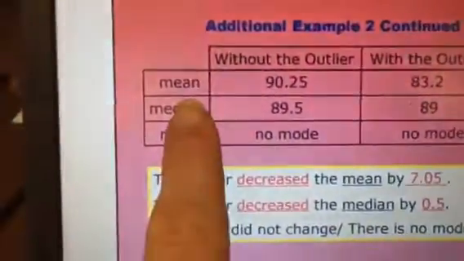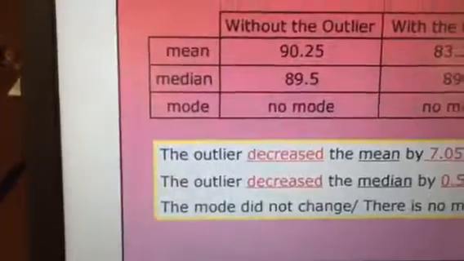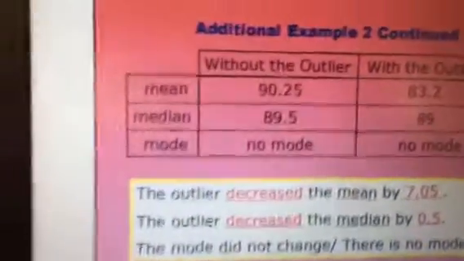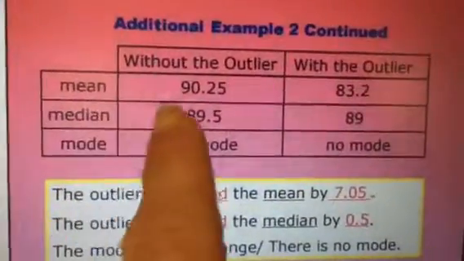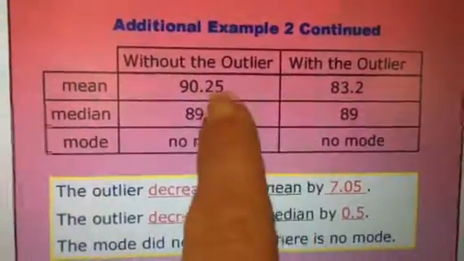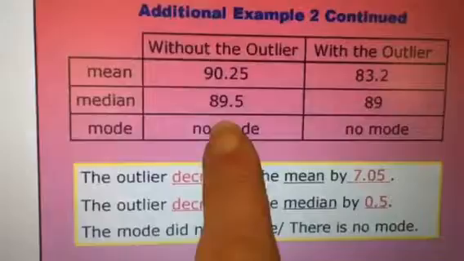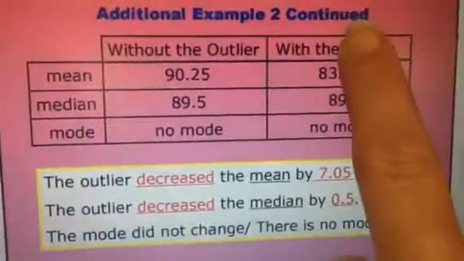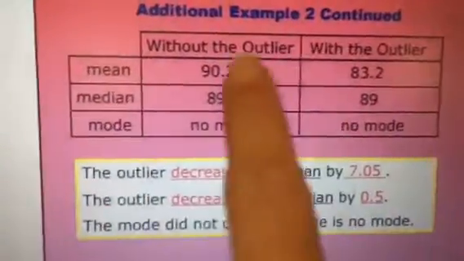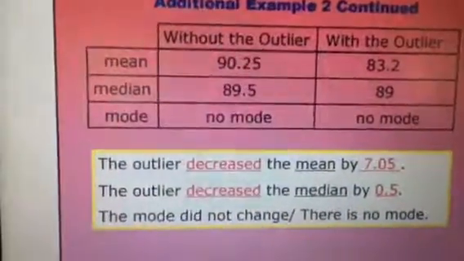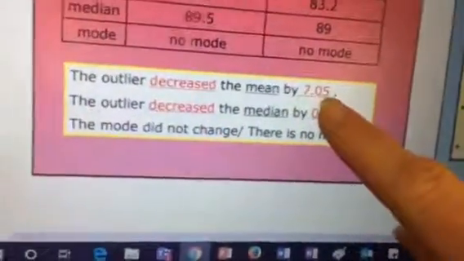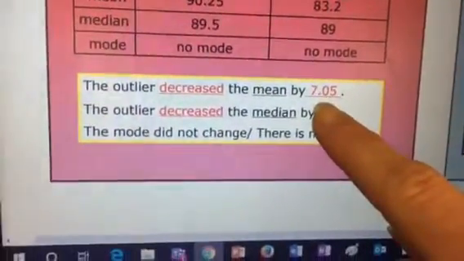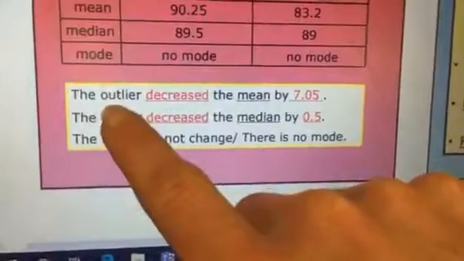Okay, set up a table on a scrap piece of paper with a calculator or using Microsoft Excel. Find the mean, the median and the mode without the outlier and with the outlier to actually see the impact that the outlier has. So you can see here which average is impacted the most by the outlier.